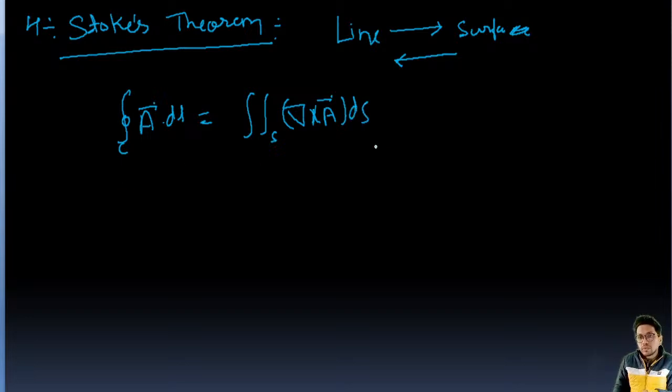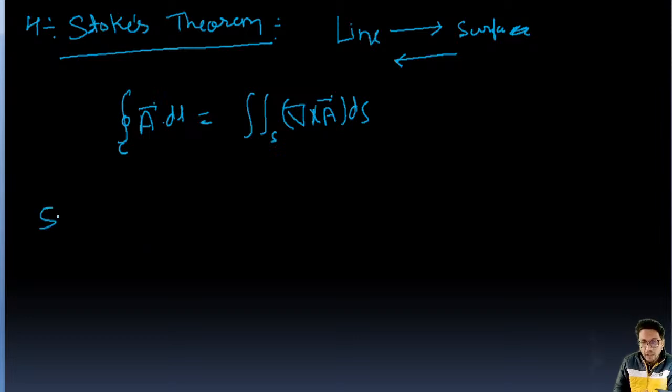This is Stokes' theorem, where A is a vector. We can easily convert a line integration into a surface integration, and it makes very complicated integrations easy to solve.